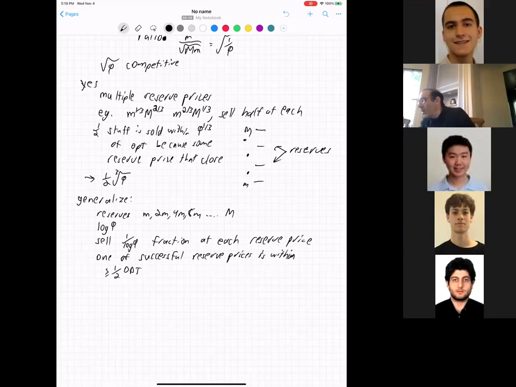So a 1/log phi fraction of our stuff is sold at half the optimum price, which means that we have a log phi over 2 competitive ratio. Times 2. Sorry, times 2. Thank you. Does that make sense to everyone?